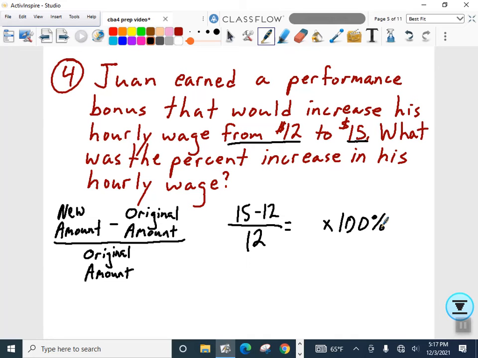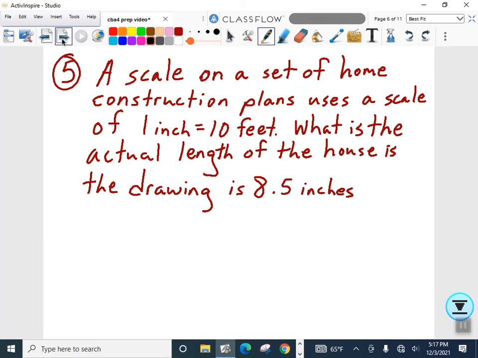So we have 3/12. That equals 0.25 times 100%, and that's going to give us a percent increase of 25%.